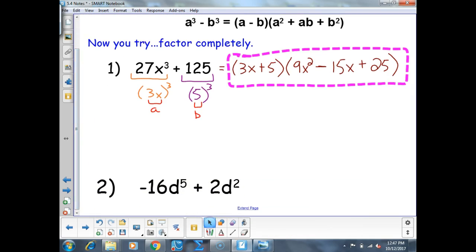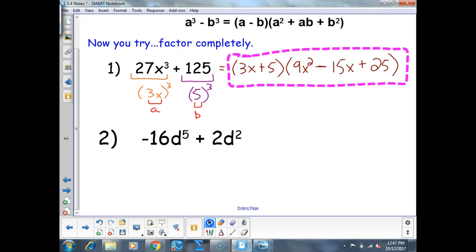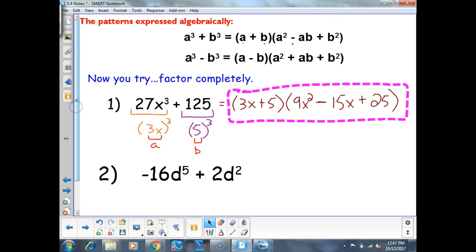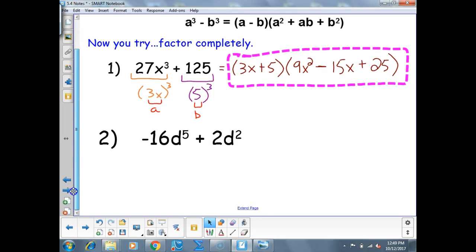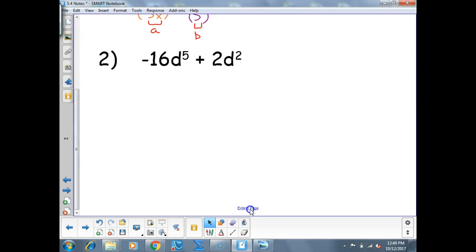Now, we're going to tap the brakes here a little bit. I'm going to move this up a little bit so that I can still have the formulas on there and you can still try it. First thing that you've got to do. What are you going to do first? GCF.